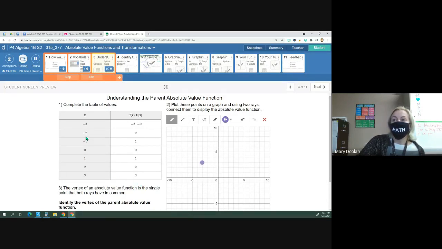If I look at the next ordered pair, -2, +2, again, start at the origin. You go side to side first, and then up or down, and then make your point. -1, +1. 0, 0. 1, 1. So now we've switched directions.